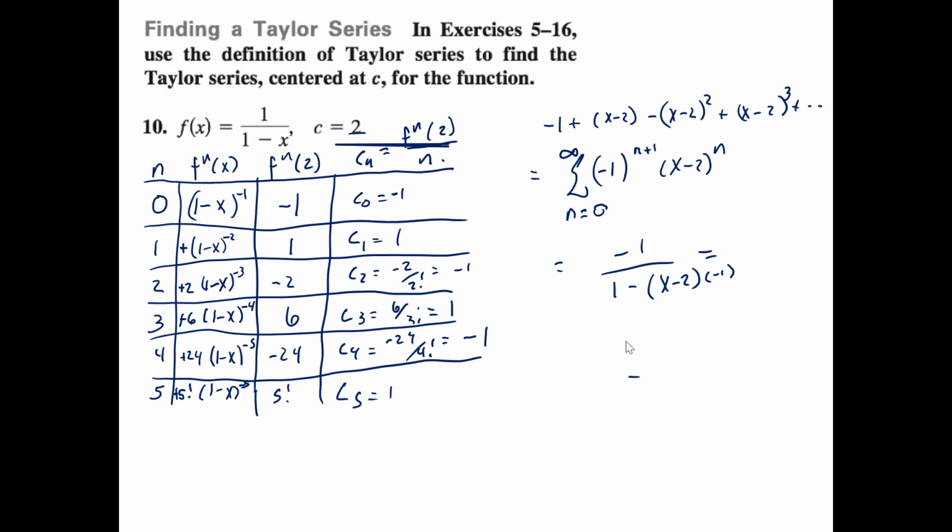So then that would make this negative 1 over 1 plus x minus 2, which would then be the negative 1 over x minus 1. And if we multiply the top and bottom by negative 1, we get 1 over 1 minus x. But that just basically tells us that we could have gotten here from the techniques that we did last section. We would have got the same answer.